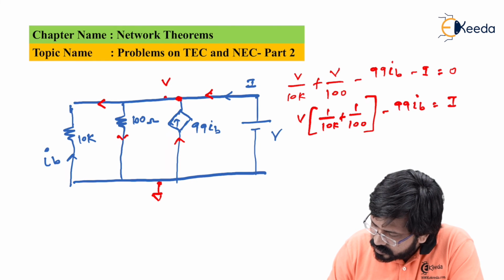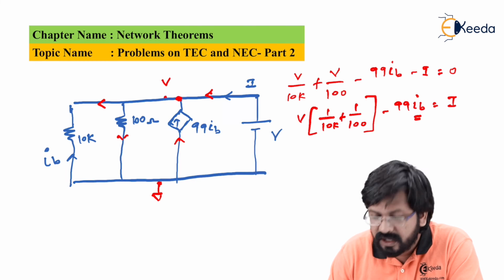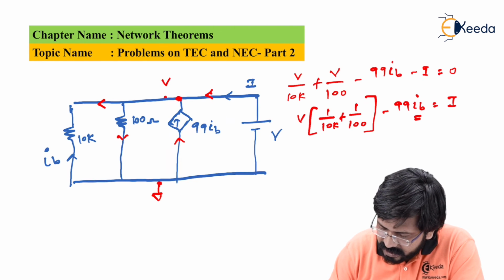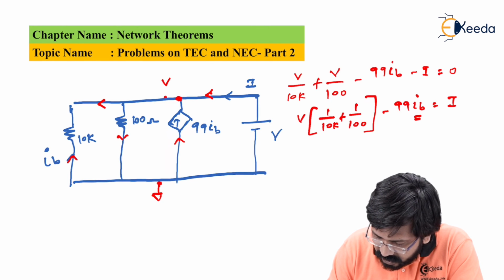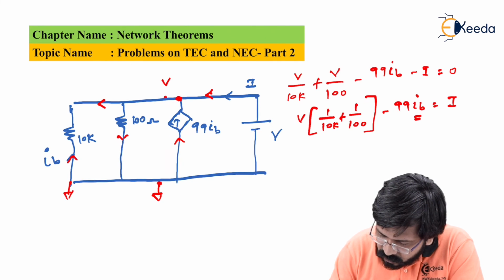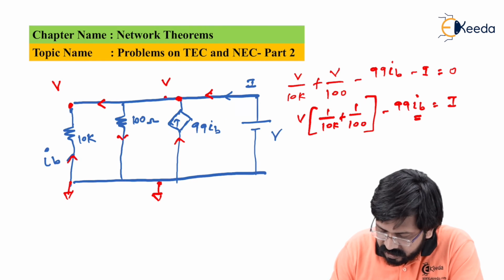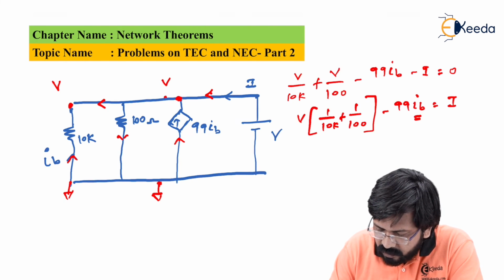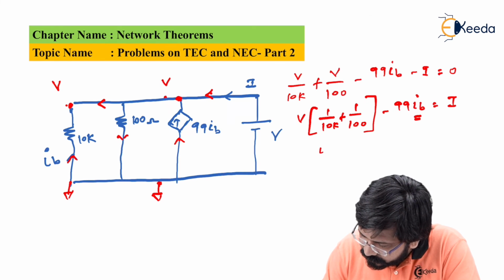Now the problem is IB. Let's try to get IB in terms of V or I. As we can see, IB is a current flowing in the upward direction, which starts from the reference node and ends at V. So IB can be written as 0 minus V upon 10k. So I can replace IB equal to minus V upon 10k.